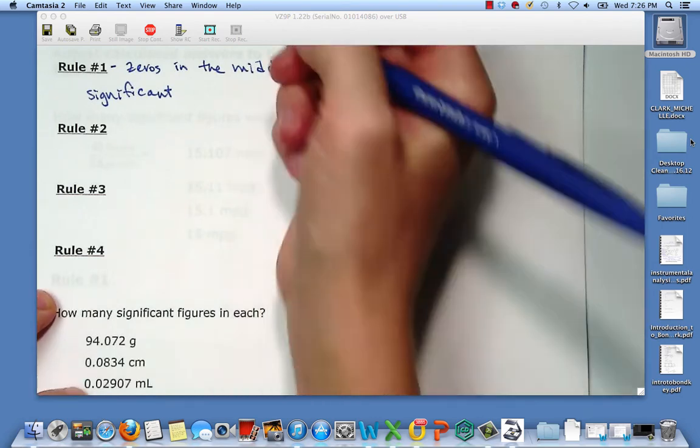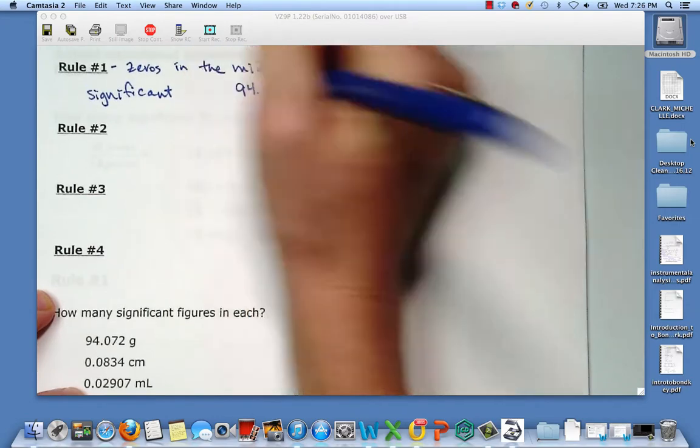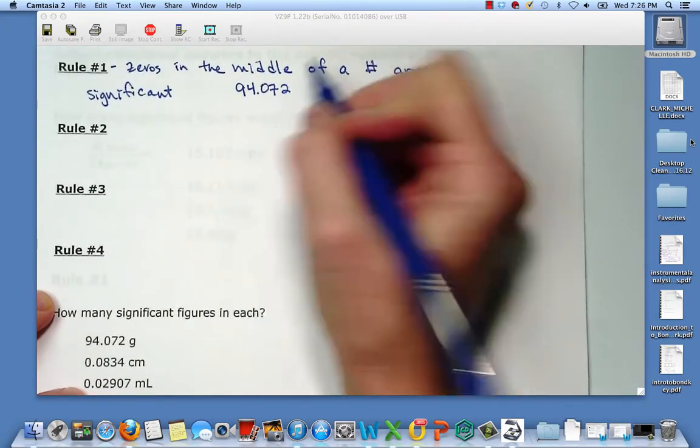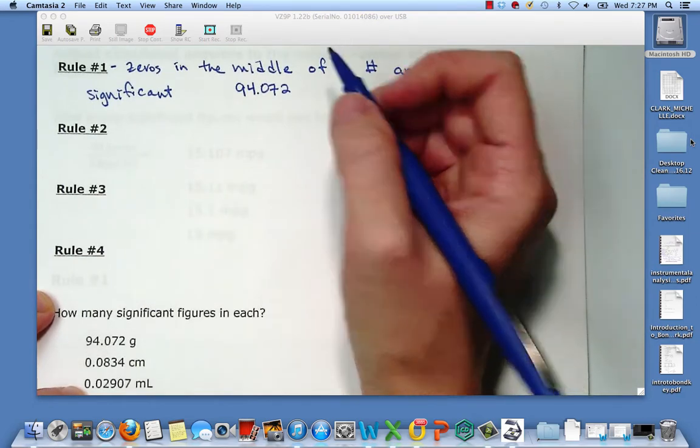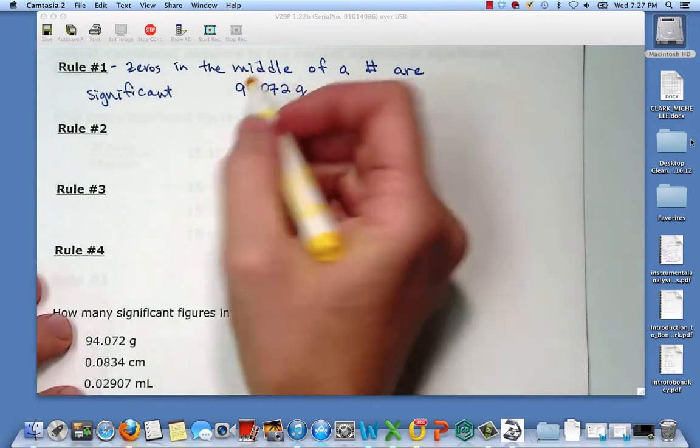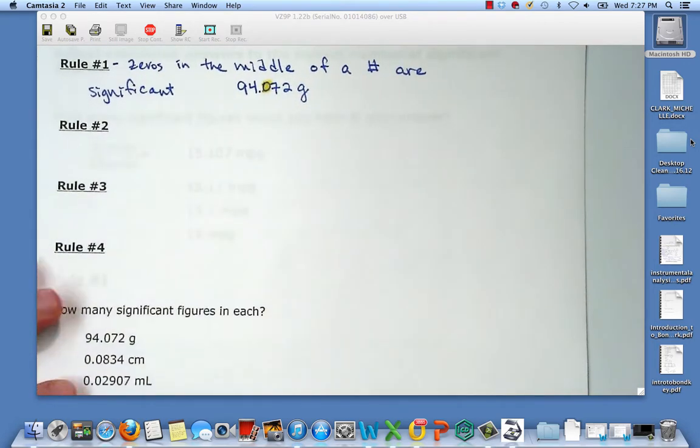The example, 94.072. That 0 is significant.